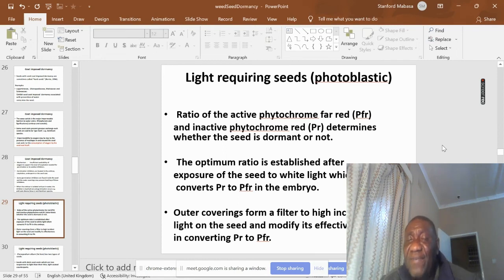Remember, it is the PFR which is required to cause germination. This is the active phytochrome. So the process will be slow if you have these seed coats, they will alter this process. So the perception of light by the seeds is dependent on the coats, and this can actually cause dormancy.